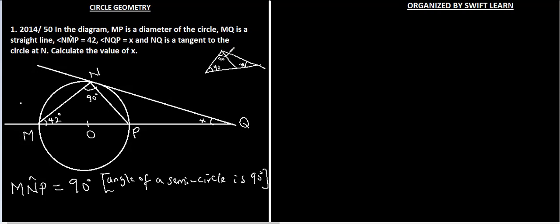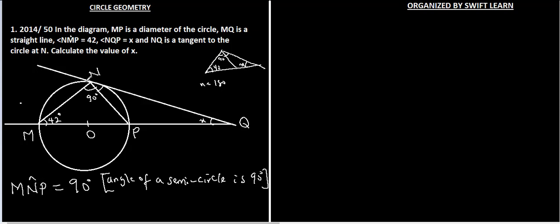If I can get this other side, then X will be equal to 180 minus 42 minus this and all of this. You know that the angle in a triangle is what, 180 degrees. So to get X, I'll say 180 minus 42 minus 90 and minus this. Now how will I get this value? That should be the next question.